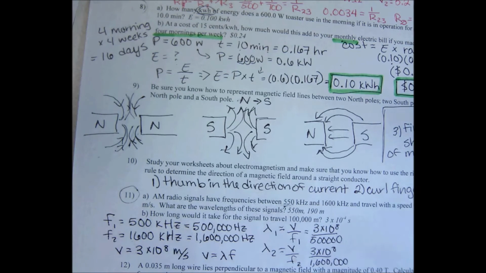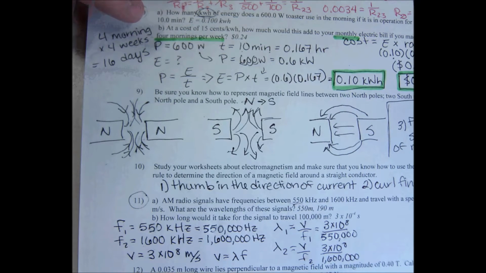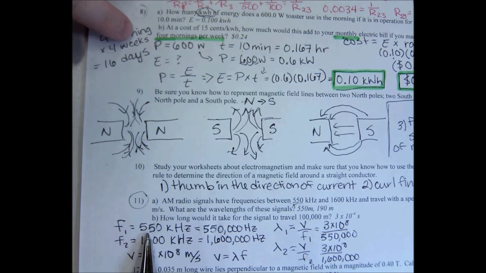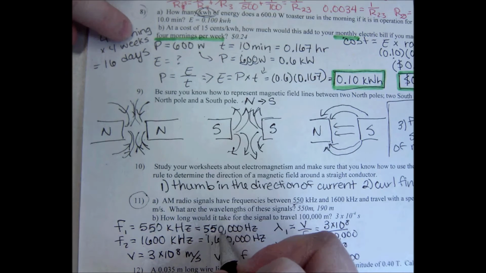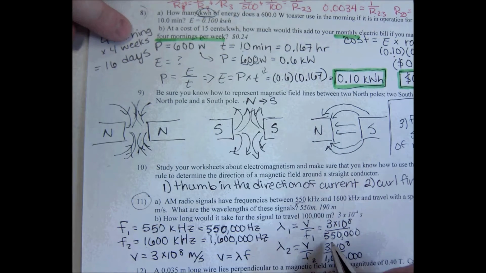Oh, and I just noticed, because my answers aren't coming out quite right, that this should be 550 kilohertz. So let me correct that. All right, so I've now corrected that. I have 550 kilohertz, which is 550,000 hertz.